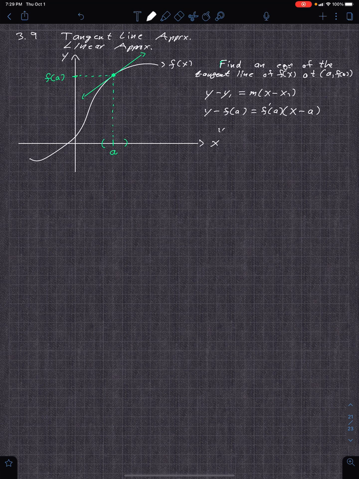If we solve for y, we get y equals f of a plus f prime of a times x minus a. And that form we call the linearization of f of x, so that's equal to L of x.